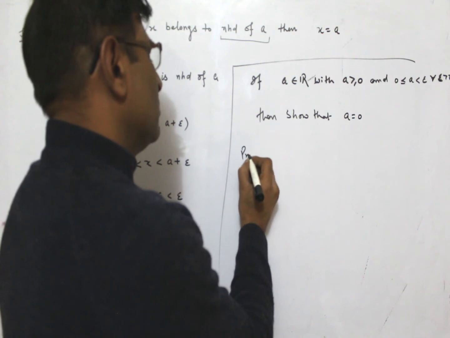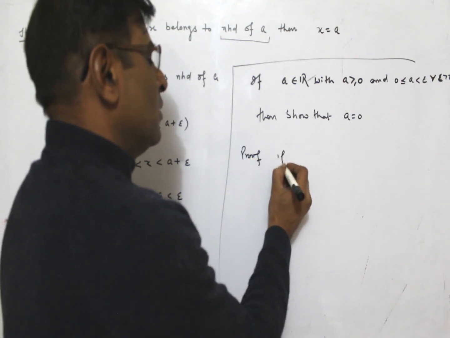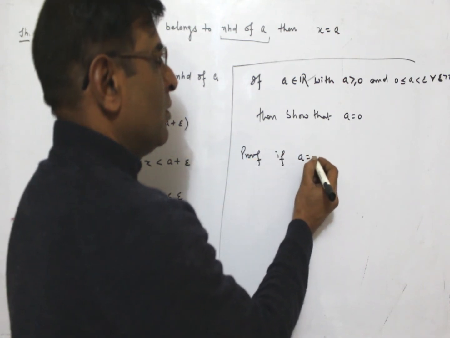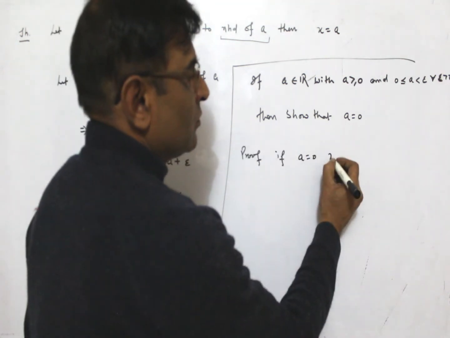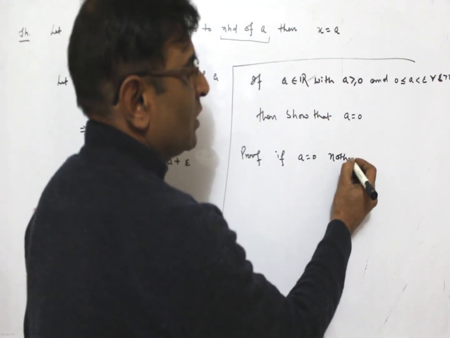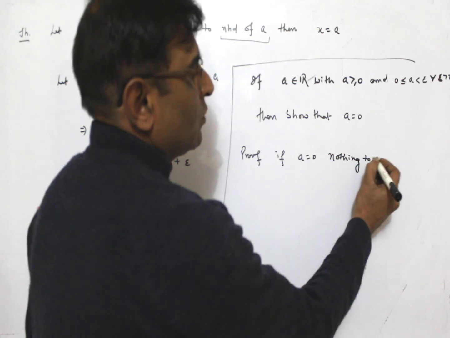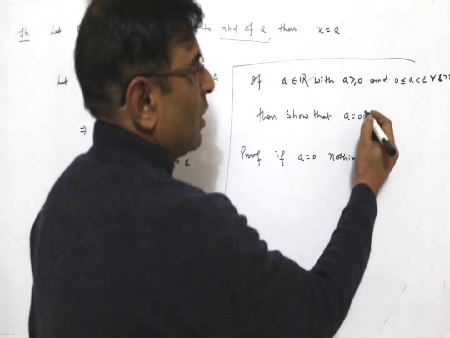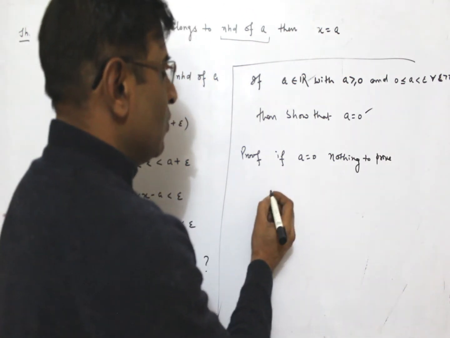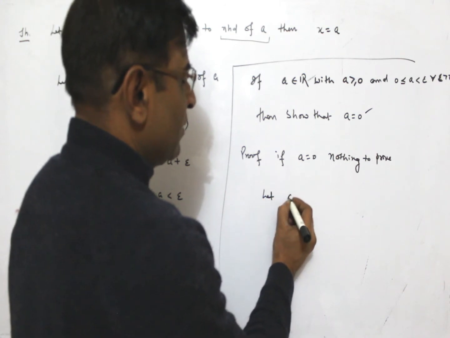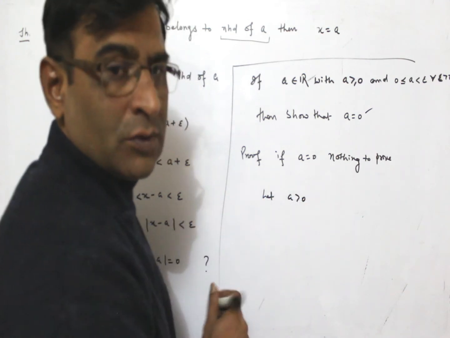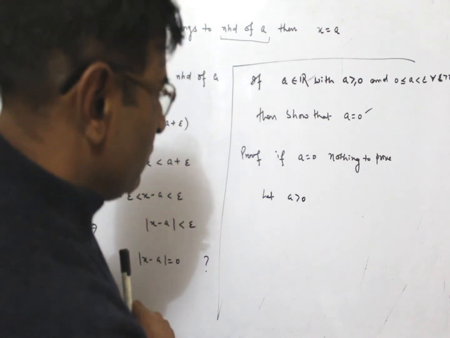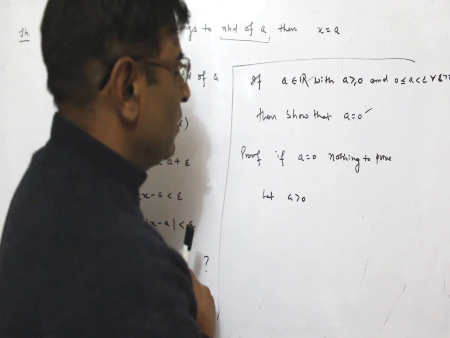Proof. If A is 0, then there is nothing to prove. Our result is done. So let A be positive.